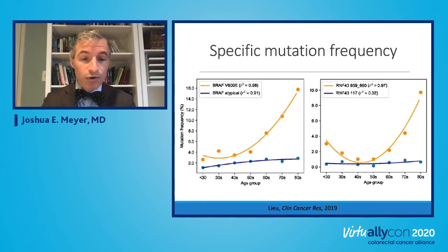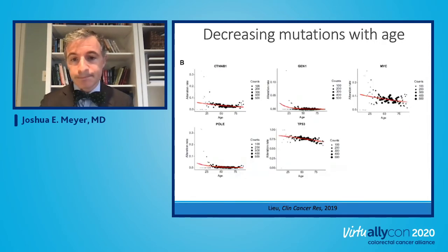And that accounts for all of the increase as patients get older. And if you look at all of the rest of the mutations on that gene, they're flat. They're not hardly increasing at all. And the same thing is true for RNF43. It's a very specific mutation that's going up as these patients get older.